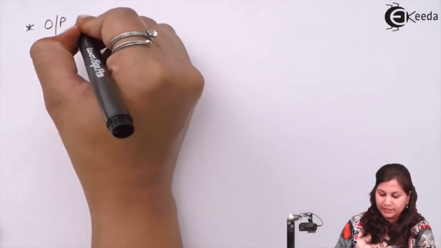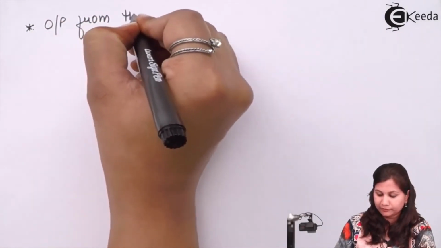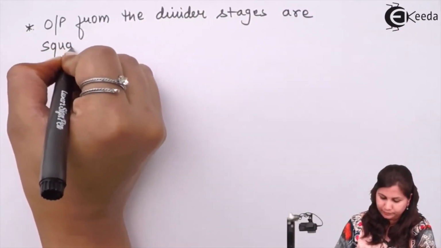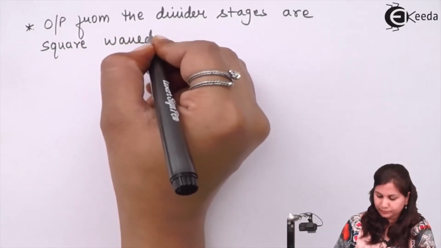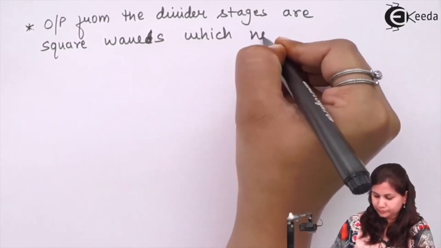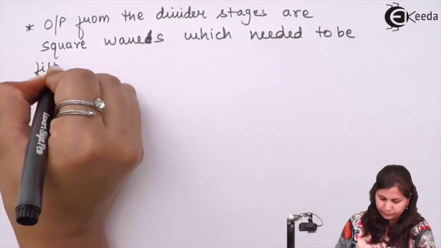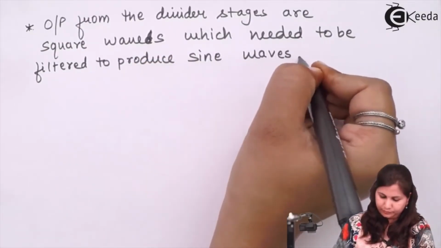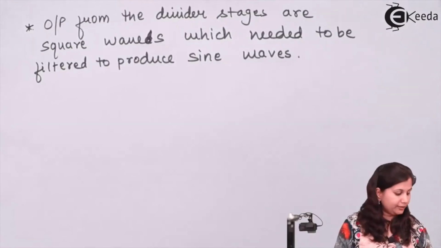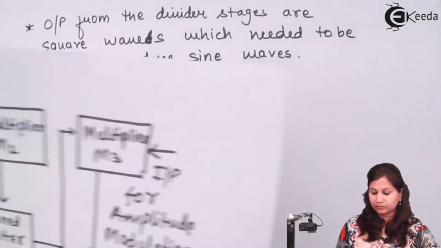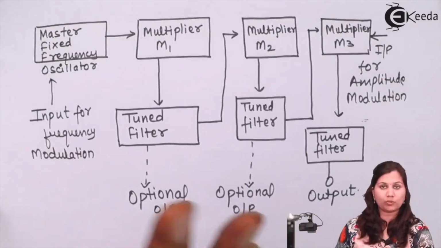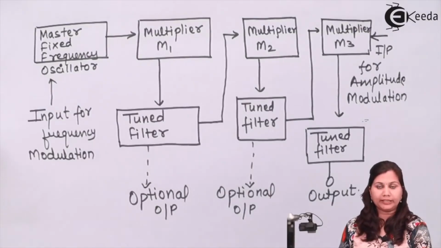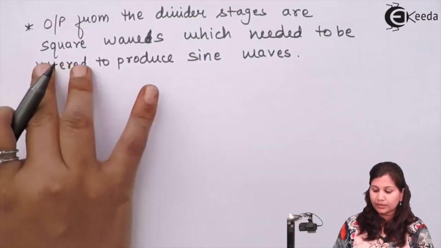The output from these divider stages is a square wave, so it is converted into a sine wave by filtering.